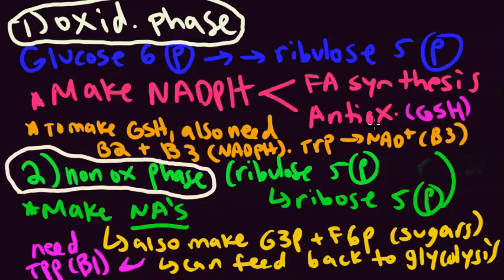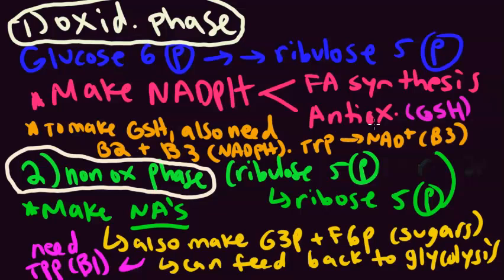So what else is needed for glutathione to work? Well, you need B2 and B3 to make this reduction process take place, and also tryptophan, which can make NAD+ as well. Okay.